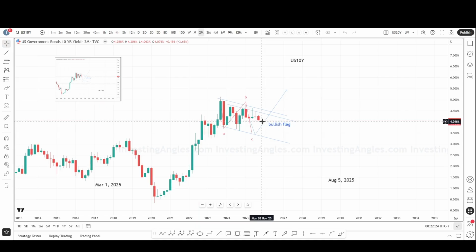So it might take a while, because this is a 2 months frame. We might be looking for several months or maybe even quarters to complete the structure.